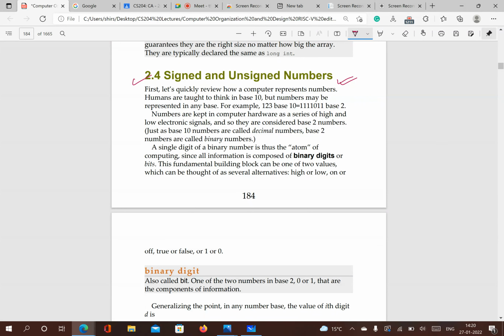That we'll understand here. So for this, let me share a whiteboard here. And as I said, I'm assuming that you know this concept: binary, decimal, and hexadecimal.